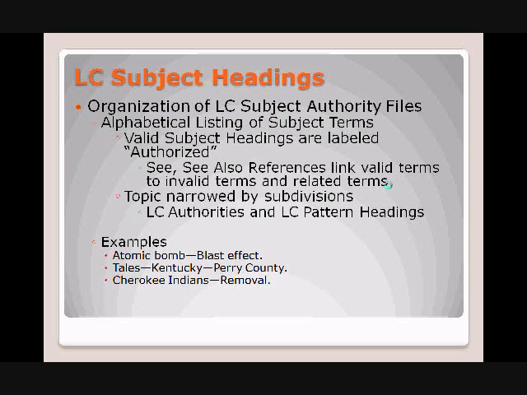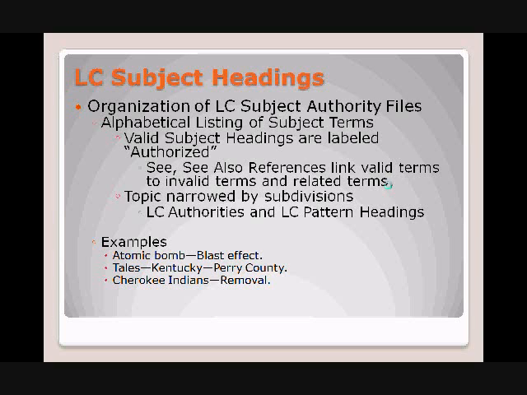Now, with the Library of Congress subject headings, very similar to Sears, because the Sears subject list was based on the Library of Congress subject headings, with modifications for library collections that were meant for young people and collections that were very general. The organization of the Library of Congress subject authority files, like the Sears list, is alphabetical.